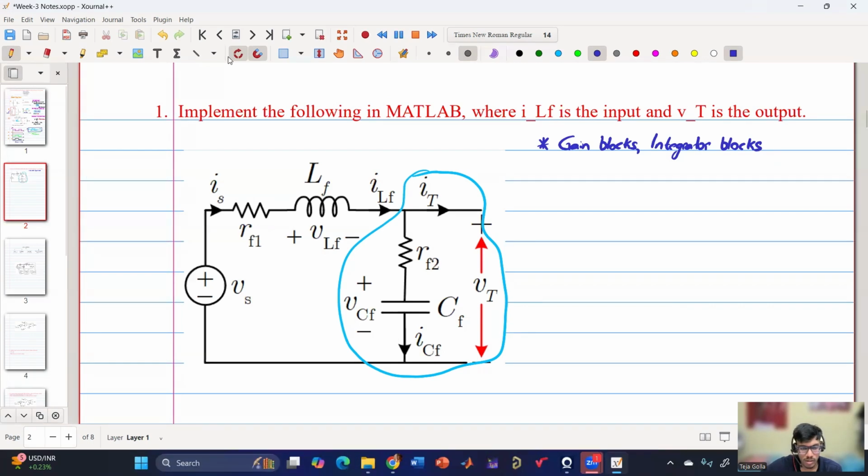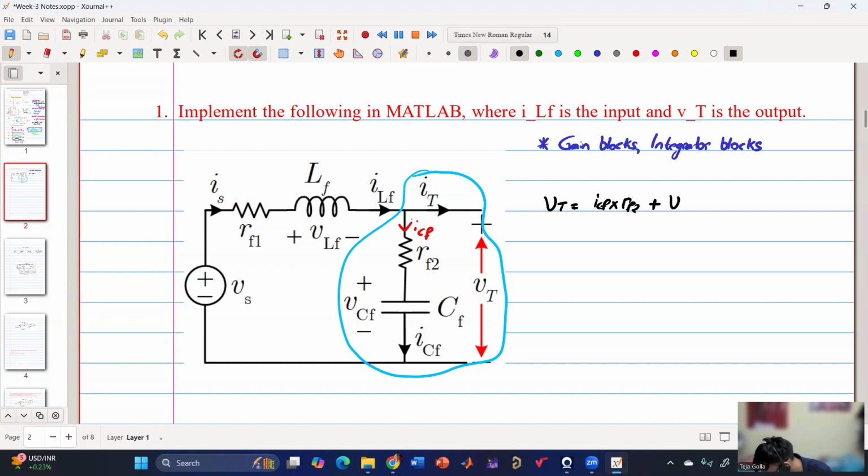So now first we need to calculate the current in the capacitor. Say current in the capacitor, I am calling it IC or say ICF. Now, can anyone tell me the relationship between VT as well as ICF? VT equals ICF into RF2 plus VCF.